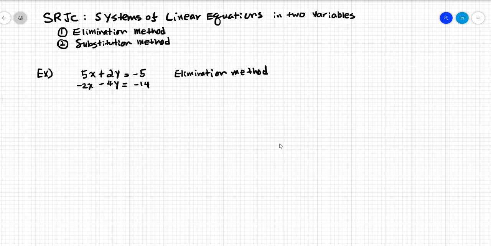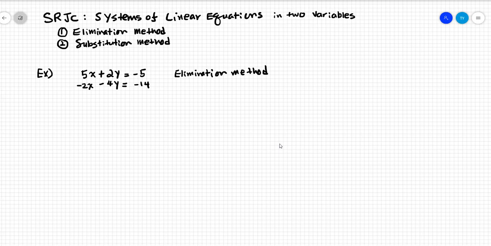So I'm looking at these two variables, x and y. If I multiply the y by 2, I get 4y, and 4y minus 4y goes to 0. So maybe that's what I should do.